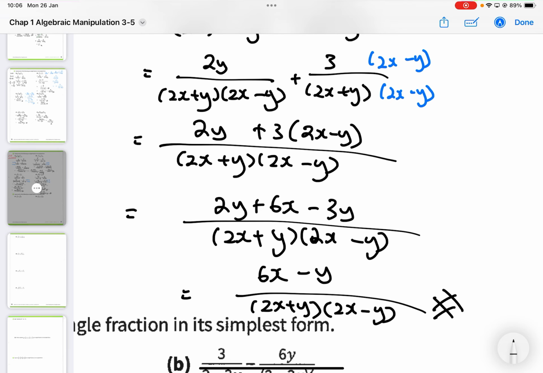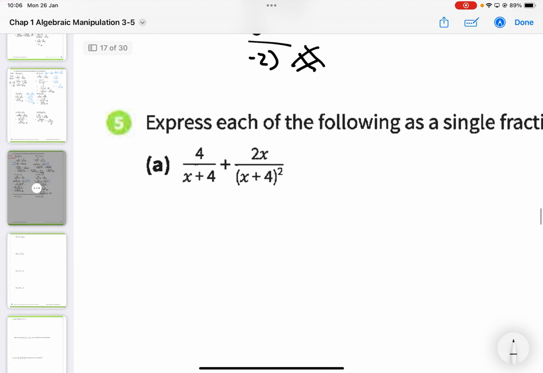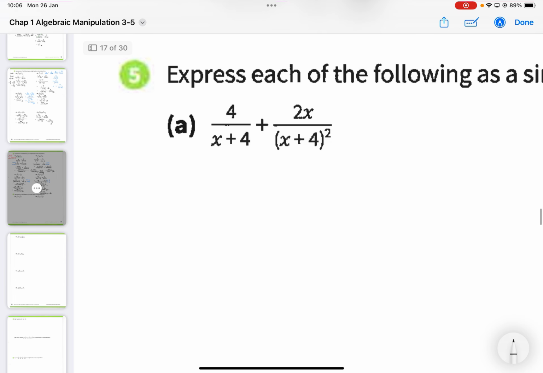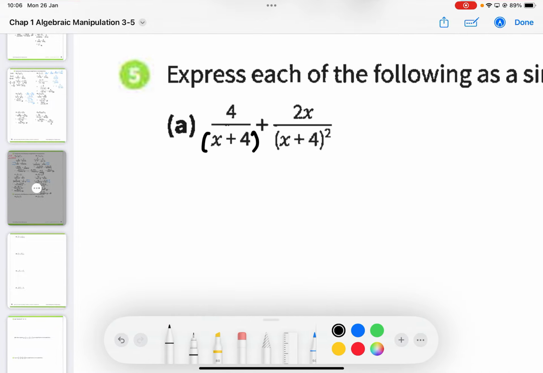Wait, one more. Wait, see this one first. Hey, how do we start? We add the bracket. After you add the bracket, what is the difference? Bracket being squared means it is x plus 4 multiplied by itself.